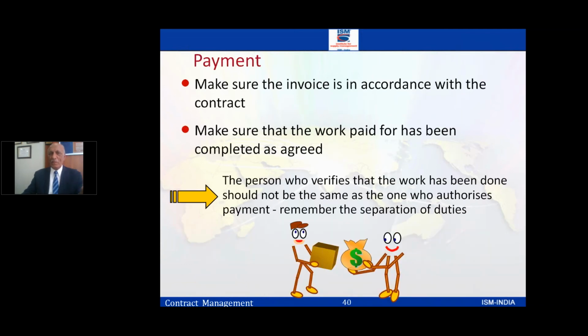Now when it comes to the payments part, the invoice should be in accordance with the contract. The contract was signed, let's say, 6 months back, and in the 6th month you have accepted many things verbally with the supplier, but those have not been incorporated in the contract. It's going to be difficult.